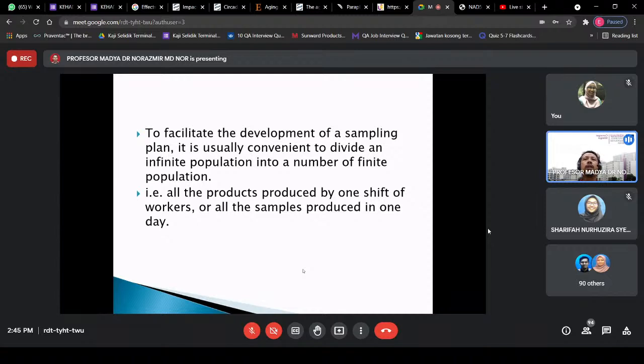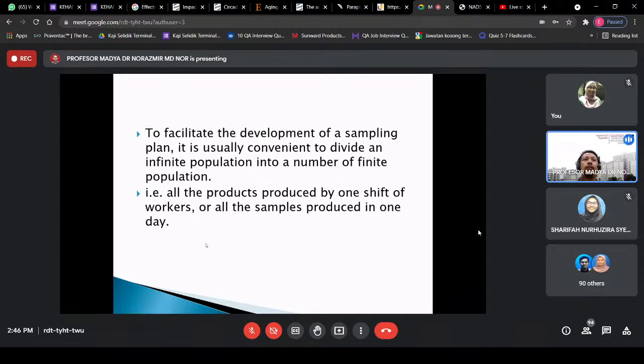To facilitate the development of a sampling plan, it is usually convenient to divide an infinite population into a small number, to make it easier for us to do the sampling. So we divide from an infinite population into a number of finite populations, such as all the product produced by one shift of workers or all the samples produced in one day, instead of the production on the conveyor belt for one day.